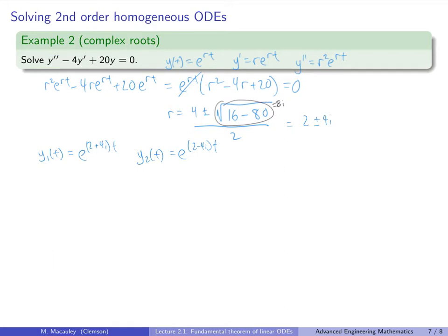We know the solution space is a two-dimensional vector space, and these are two functions that are not scalar multiples of each other. So the general solution is y(t) = c1 e^((2+4i)t) + c2 e^((2-4i)t). Now if you're remembering your ODEs class, you may be scratching your head thinking, well, this isn't how we solved these.